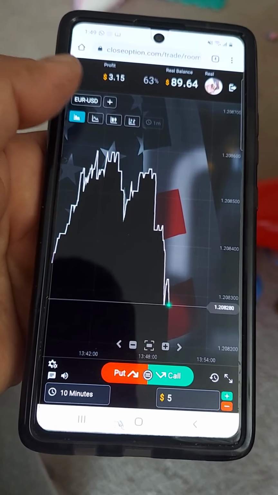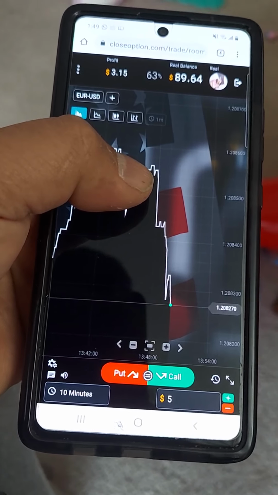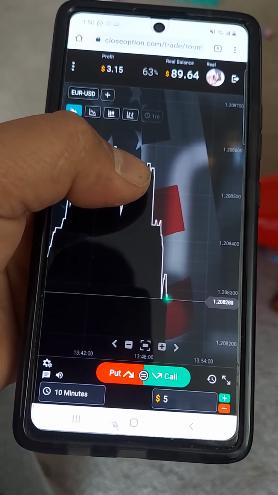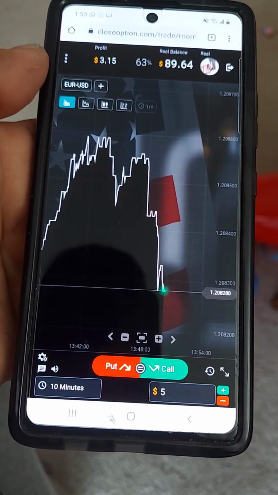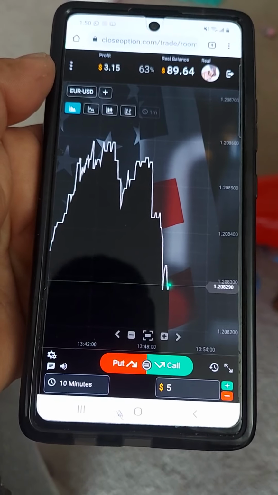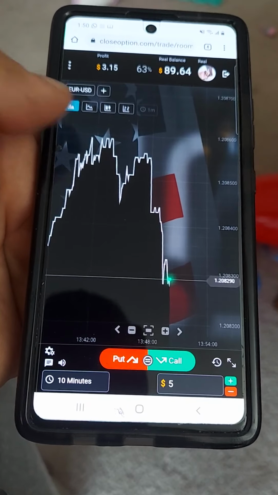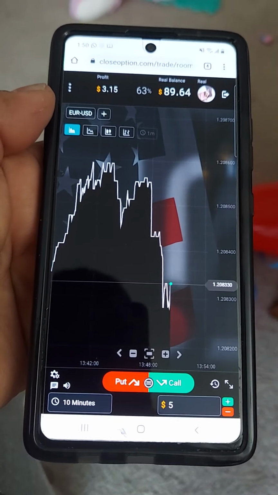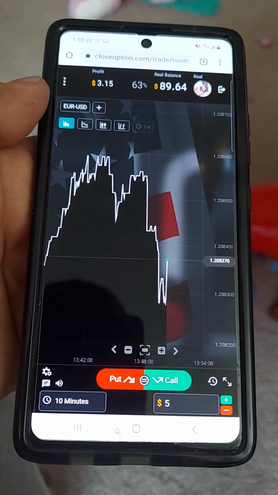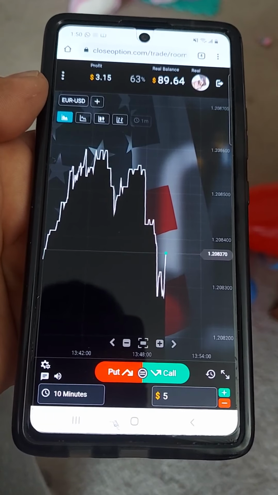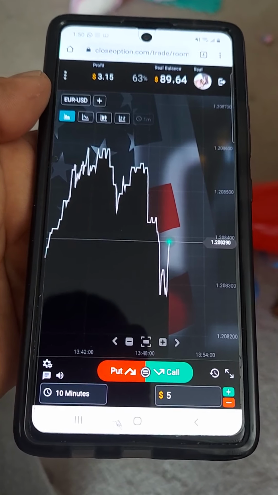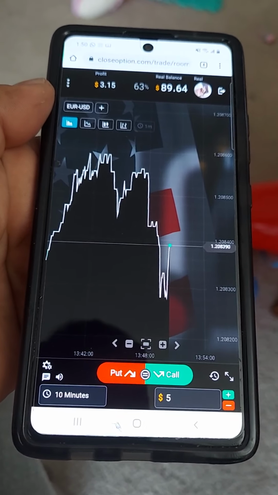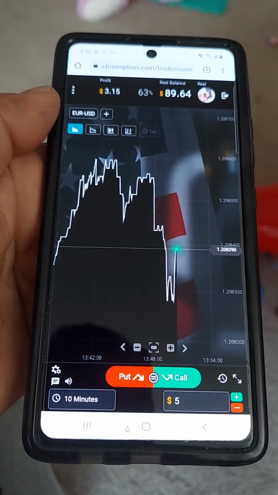I told you guys I wanted to go short right here, but when I pressed the button the trade didn't go through because I was recording and tried to touch the button. I think I did, but the trade didn't go through. So sometimes you're going to miss opportunities like this, but it's not the end of the world. You will always find new opportunities.